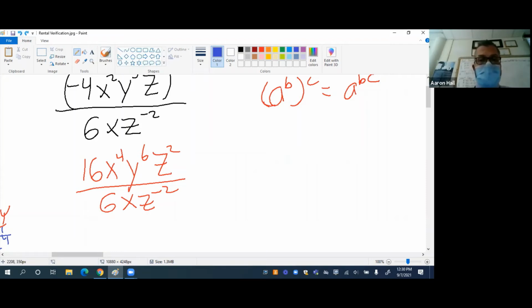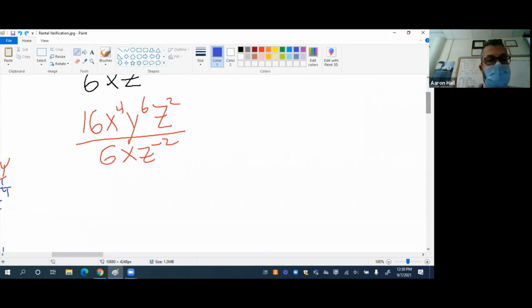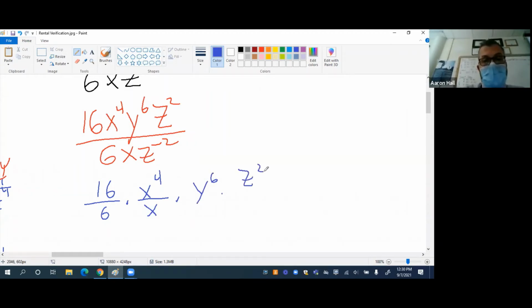Couldn't I rewrite this as 16/6 times x to the power of 4 over x times y to the power of 6 times z to the power of 2 over z to the power of -2? Is that allowed? Yeah, based on the commutative property, I can just separate them all like that. So how would I do these in pieces then?